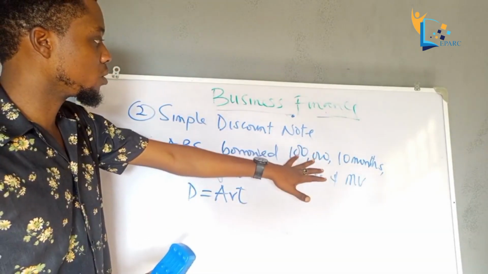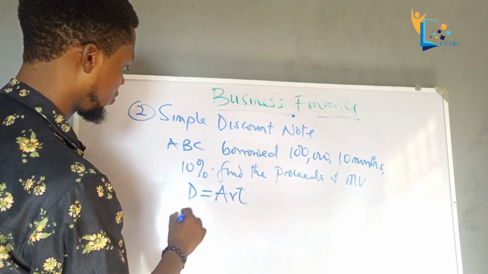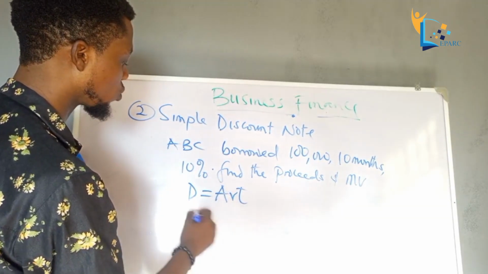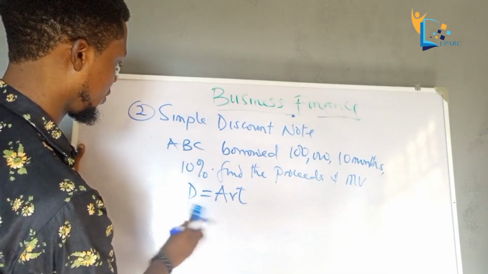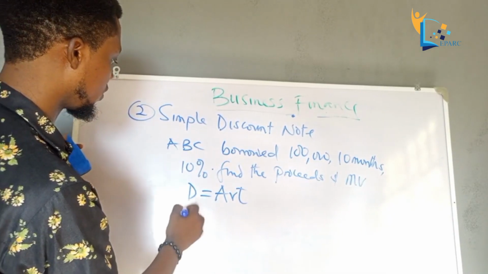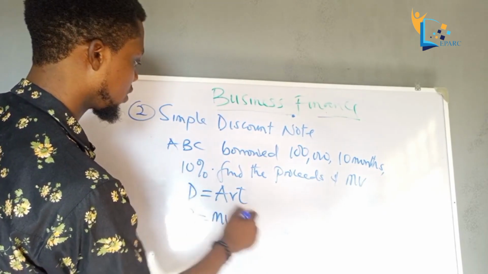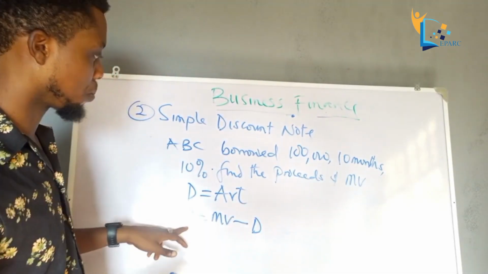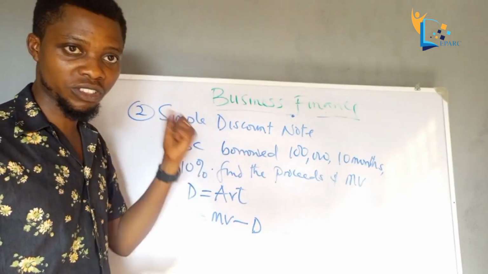Okay, before we solve this problem, the proceeds is equal to maturity value minus simple discount note. Remember, we talk about the proceed, we talk about the maturity value.